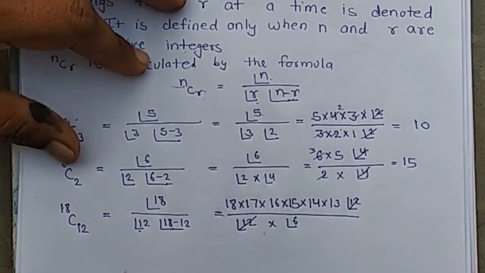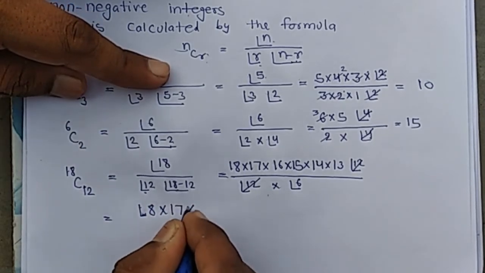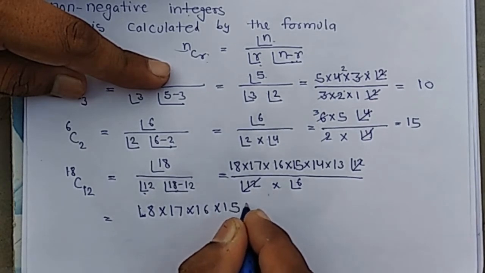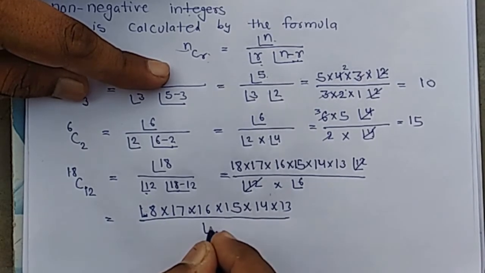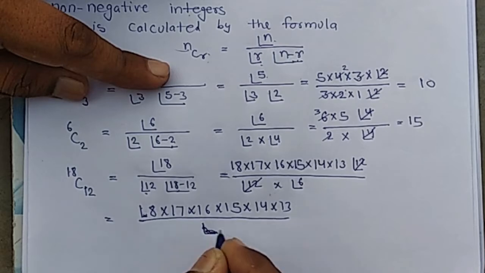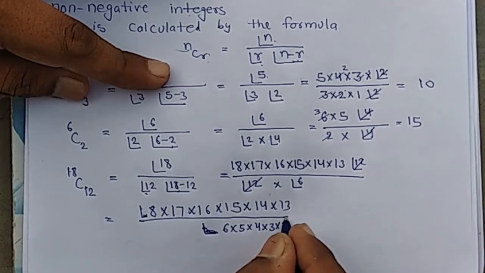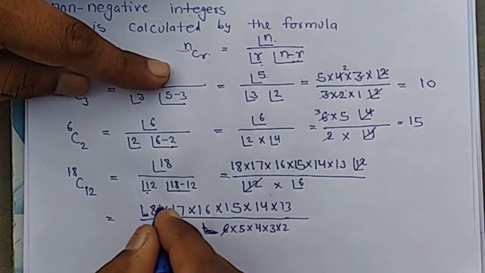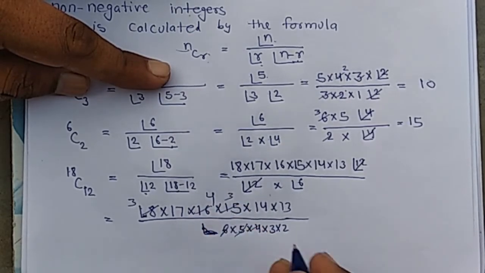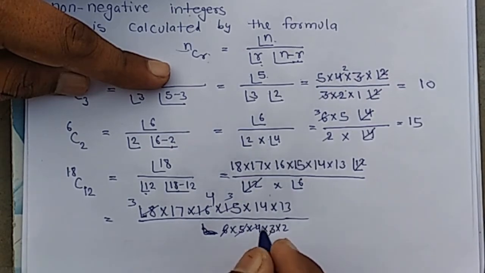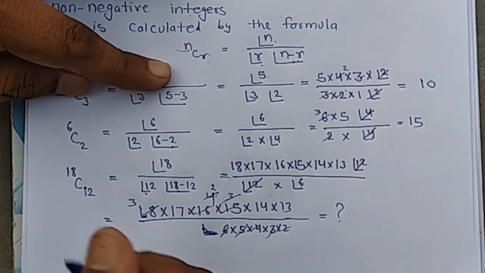Factorial 12 cancels out. Now 18 into 17 into 16 into 15 into 14 into 13 by factorial 6, which can be written as 6 into 5 into 4 into 3 into 2 into 1. 6 threes are 18, 4 fours are 16, 5 threes are 15, 3 cancels out, 2 twos are 4. On multiplying these terms, we get the value of 18C12.